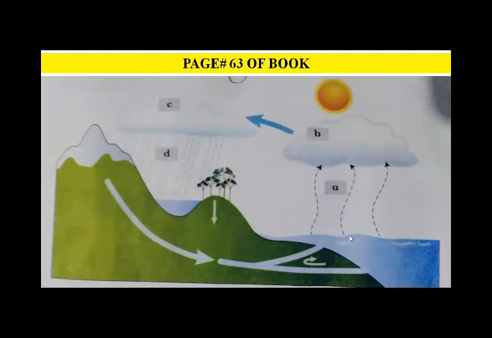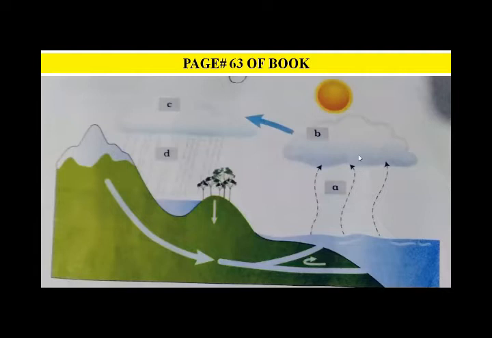The water vapor rises into the air and higher up into the atmosphere, where it is cooler. The water vapors cool down, and cooling causes the water vapor to condense and form tiny water droplets.